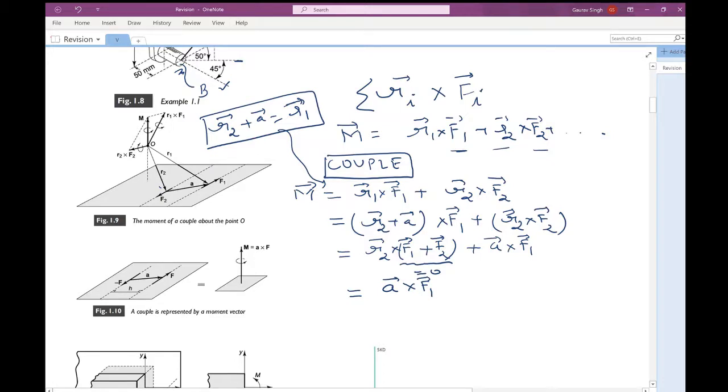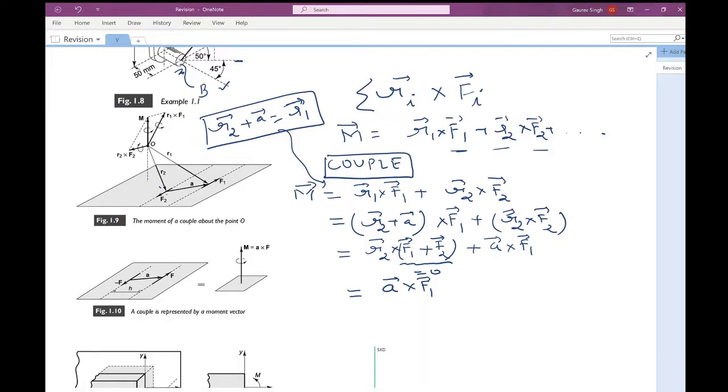And what is A again? You can clearly see A is the displacement, the position vector going from an arbitrary point on F2 to an arbitrary point on F1. Okay, so it's going from this point to this point. This is important. Why is this important?